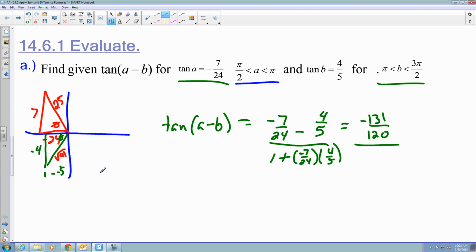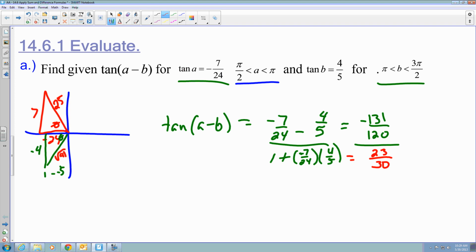So I'm going to take negative 7 over 24 and multiply it by 4 over 5, and that gives me negative 7 over 30. But if I take 1 plus that value, I get 23 over 30.